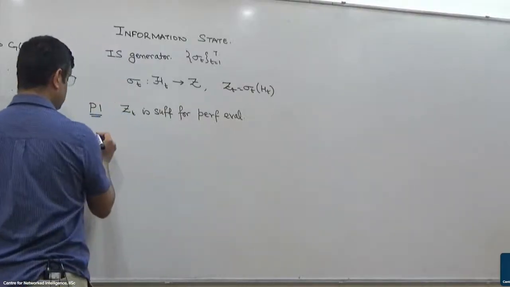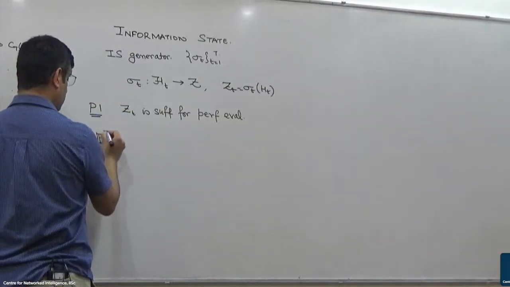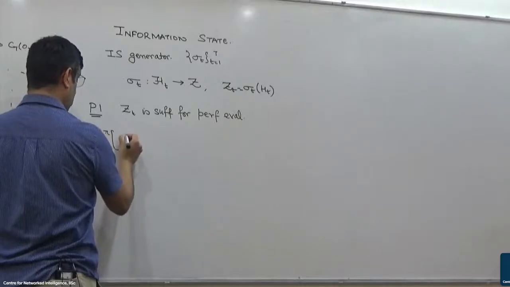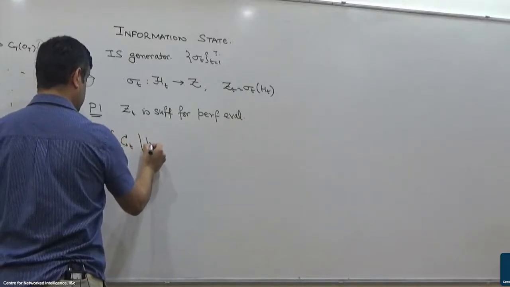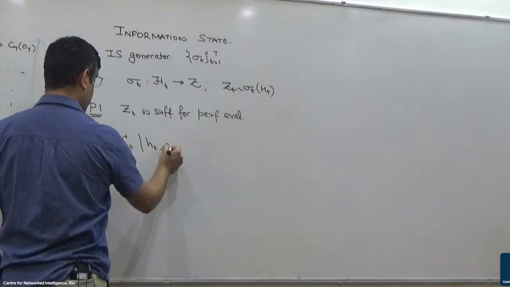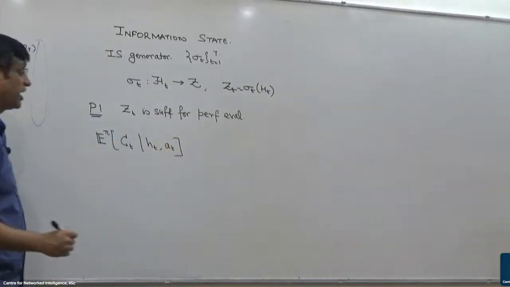That means that when I take the expected value of the cost at time t conditioned on history at time t and action at time t, I am taking a slightly shorter notation.